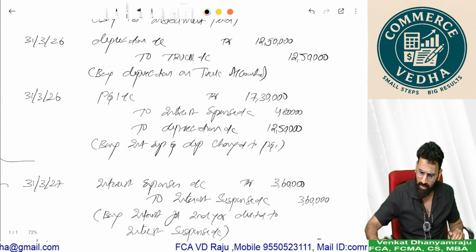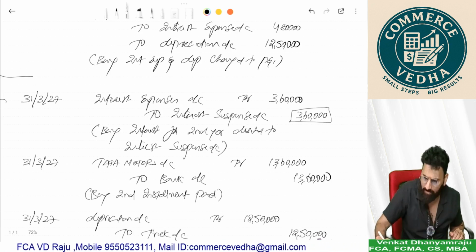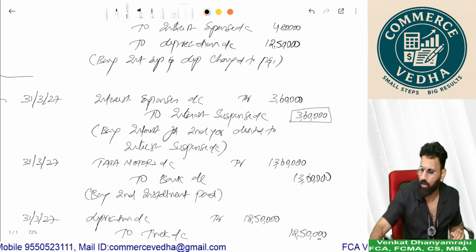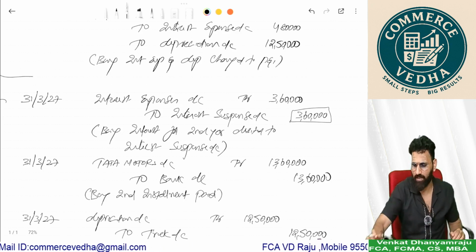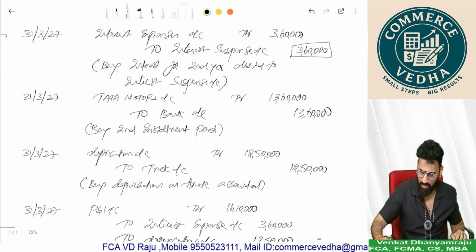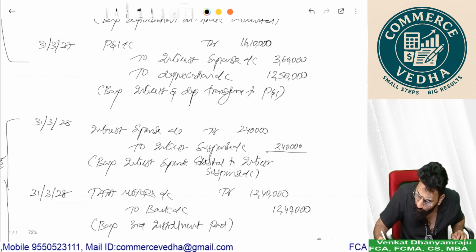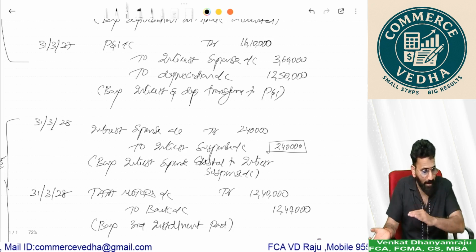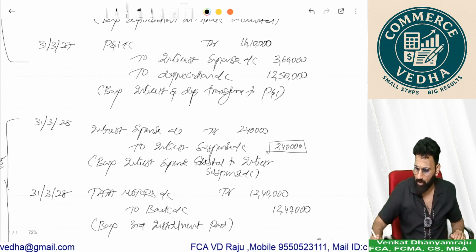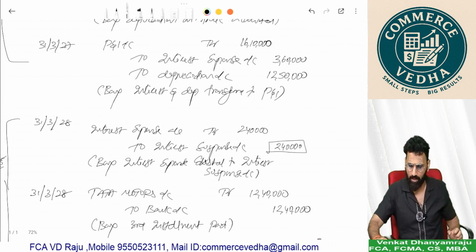At the end of second year, you credited interest suspense by 360 by moving to interest. So minus 360, the balance at the end of second year is 360. And third year, you again cancel 240 in interest suspense by debiting to interest expense. So it is 360 minus 240, the balance is 120.